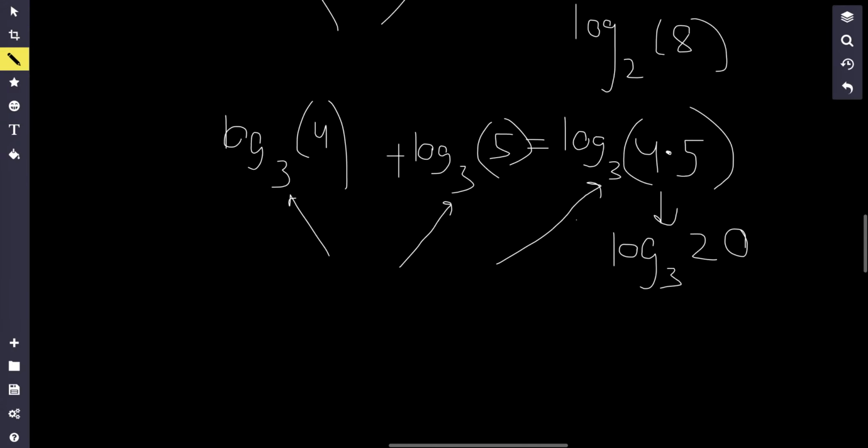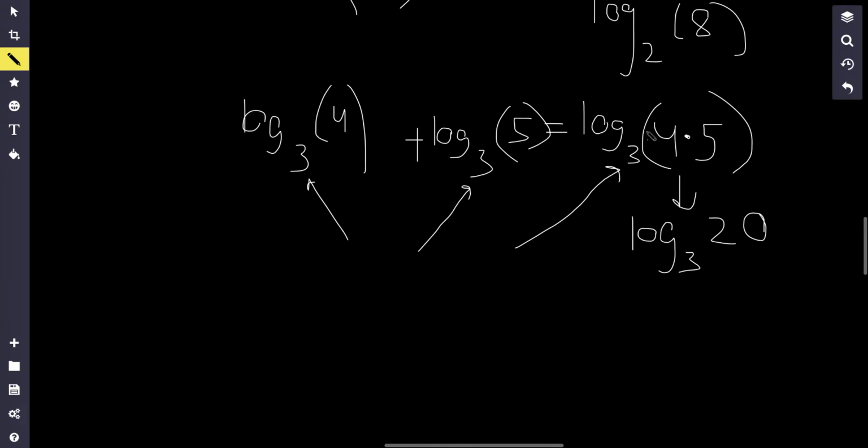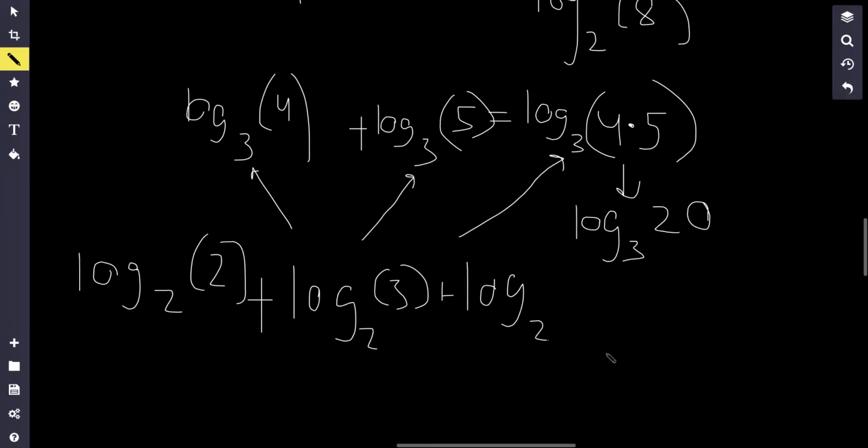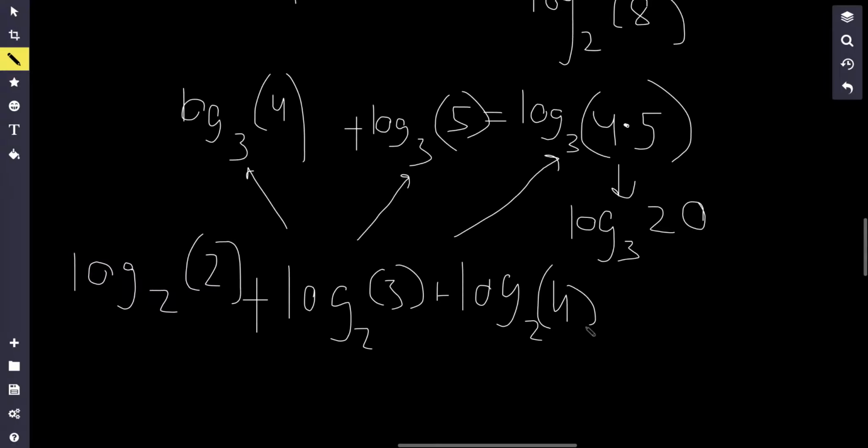And it turns out that you can do this for pretty much as long as you want. For example, let's say we have log base 2 of 2, and we add this to log base 2 of 3, and then we add this to log base 2 of 4. What is this going to be equal to?